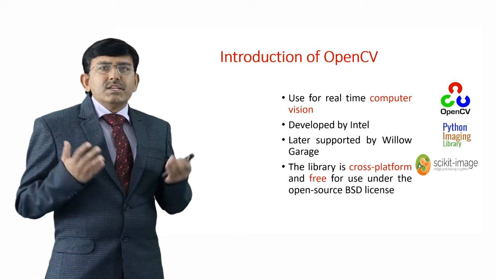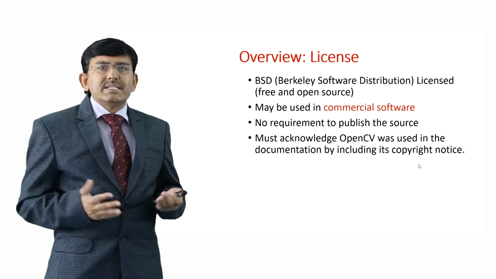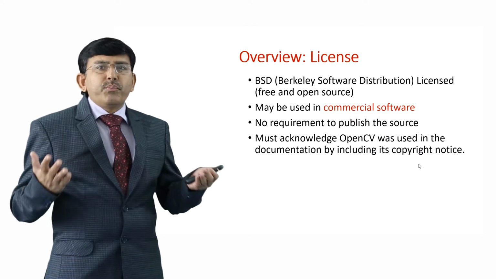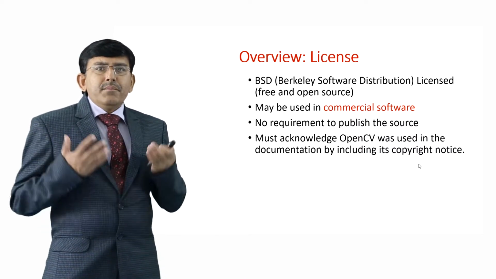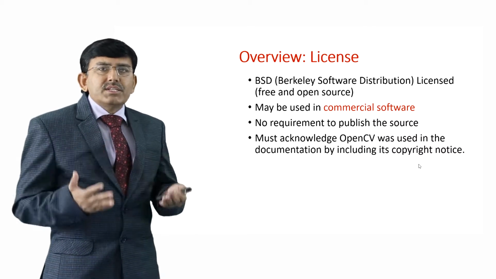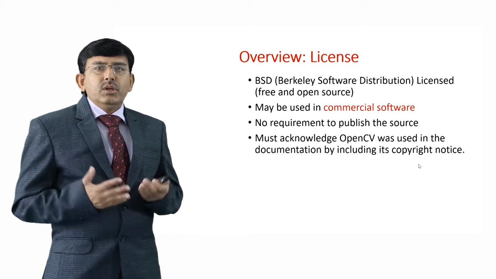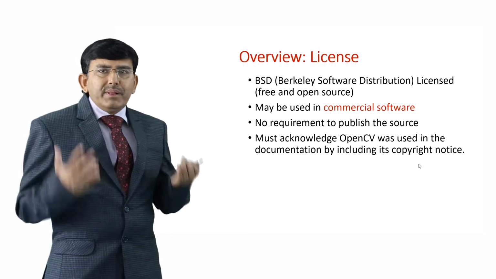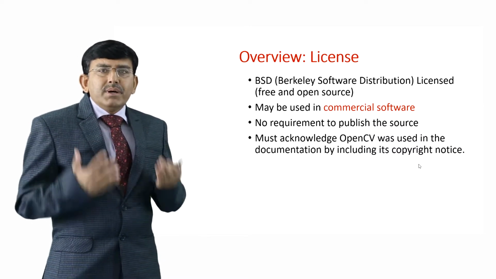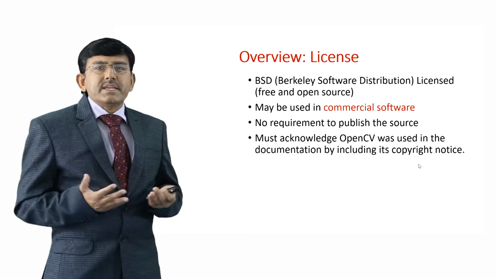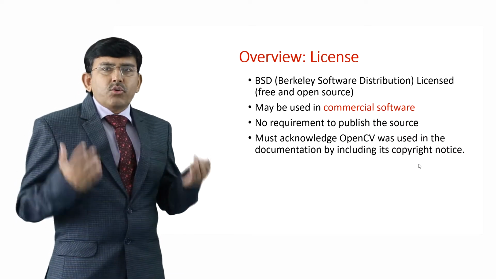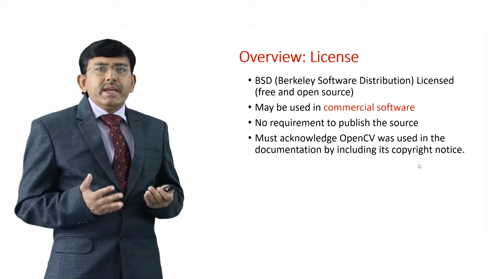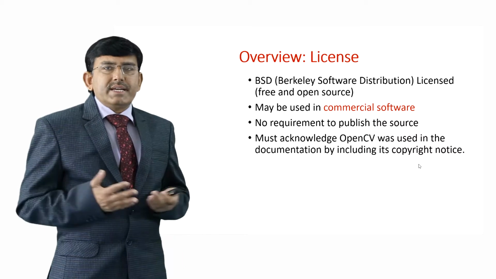BSD, Berkeley Software Distribution License, is a free and open source type, and may be used in commercial software also. There is no requirement to publish the source, but you must acknowledge OpenCV was used in documentation by including its copyright notices.